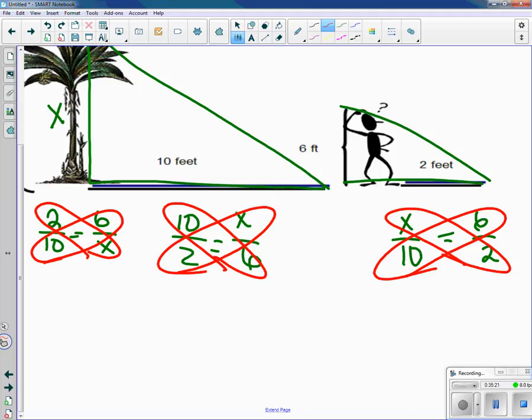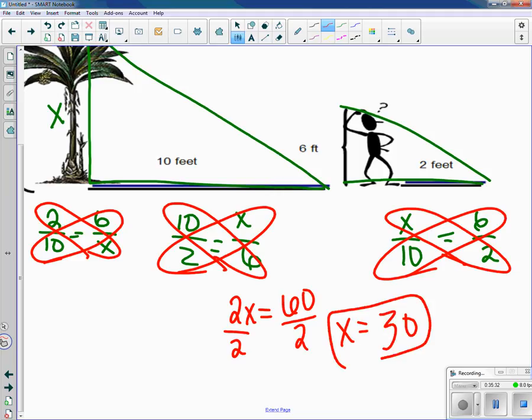So to find the height of the tree, this is going to be 2x equals 60. Divide by 2. X is equal to 30. So the tree is 30 feet tall. That's how you find the height of a figure.